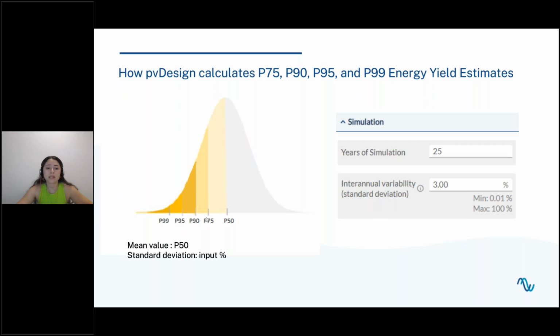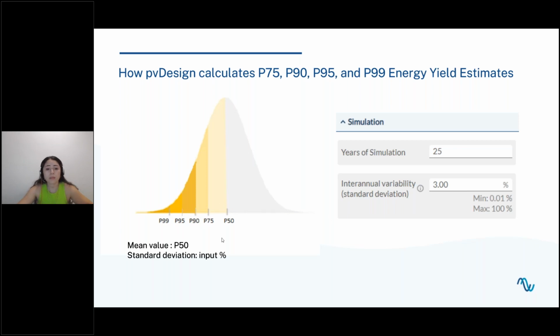It is the same for the other percentiles. If we take P75, for example, it will correspond to the energy production at the 75th percentile, meaning that 75% of the data will fall below that value, and the definition will apply to the other percentiles.